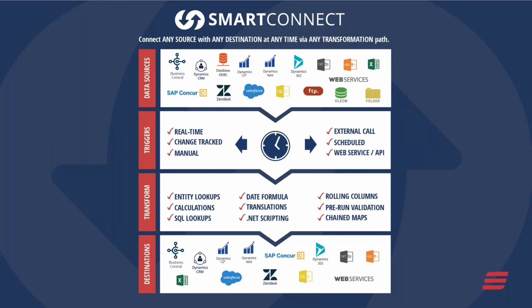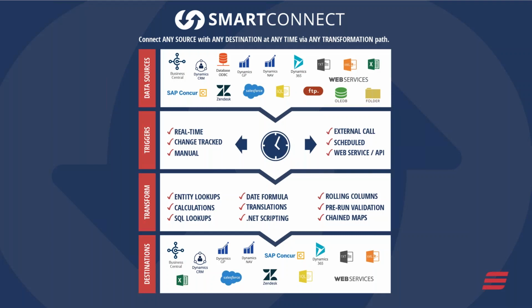Now these middle 2 sections, triggers and the transformation area, are what we can do on the specific integrations. The triggers say how and when you want that integration to run.